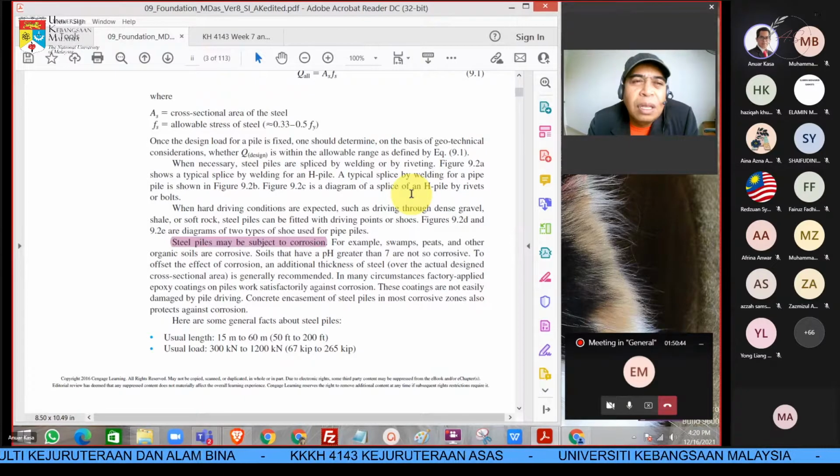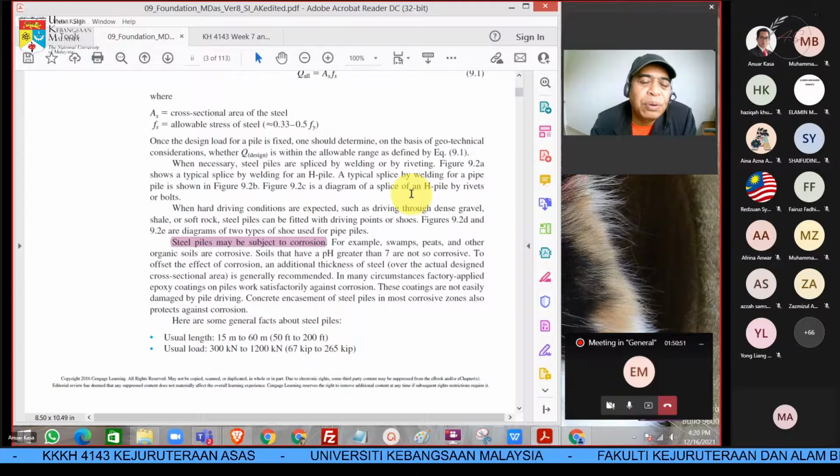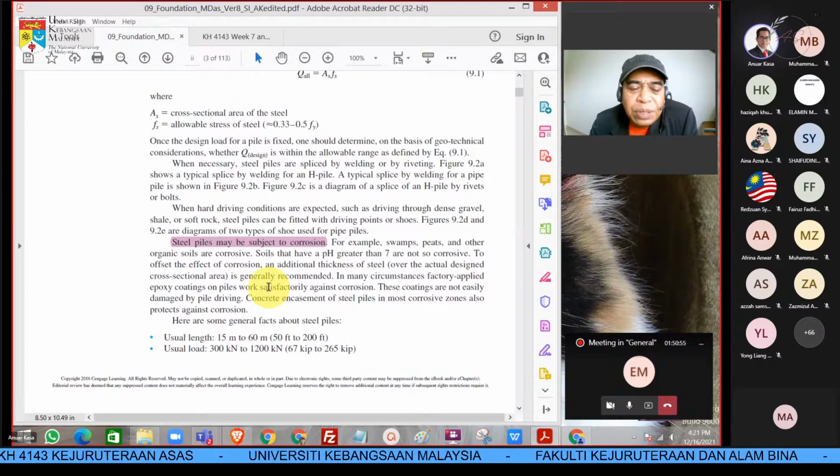Or even if we put it in seawater, it's going to be corrosion also. So that is the issue with the steel pile.